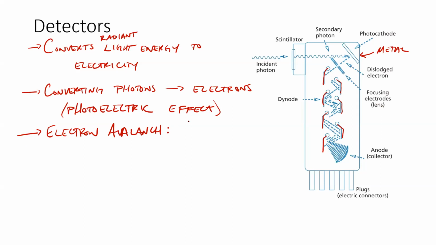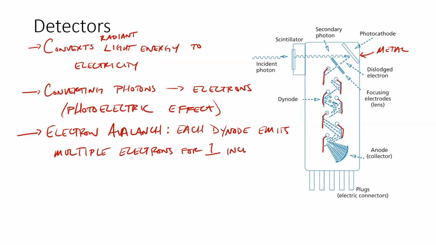And so in this electron avalanche, each dynode emits multiple electrons for one incident electron, right?